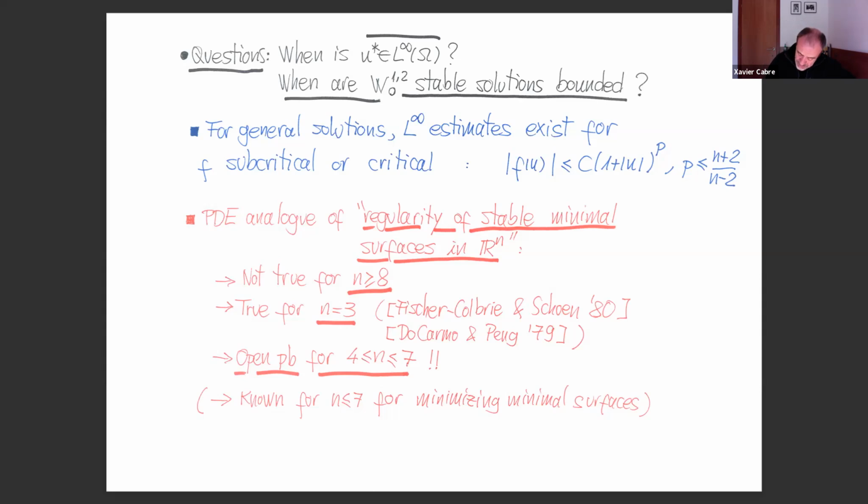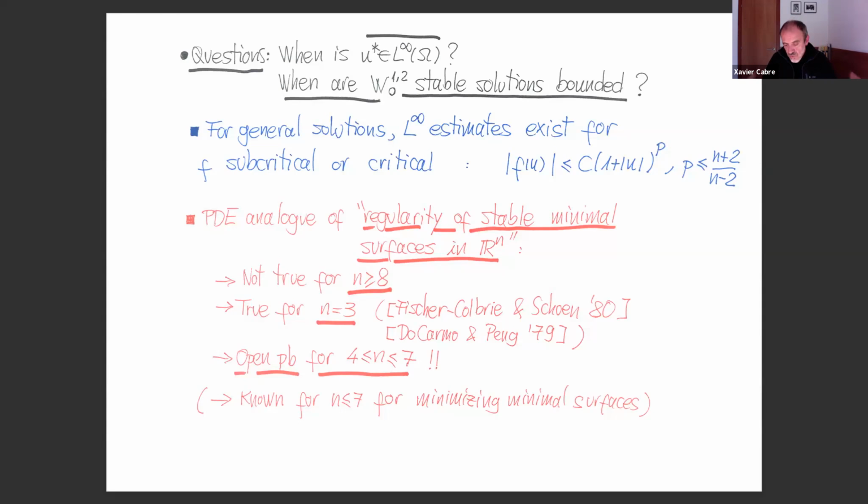So my work with Figalli, Ros-Oton, and Serra takes the analogous question, but for the reaction-diffusion equation, thinking of nonlinearities of this type, e^u or (1+u)^p, that come from a model in combustion theory, right?